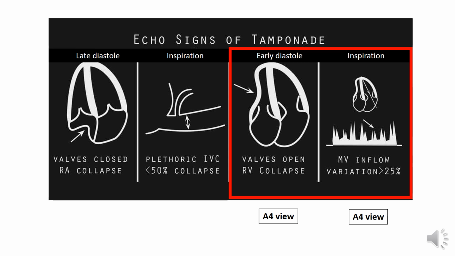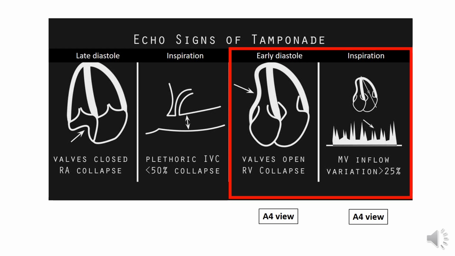If we get a variation with respiration of flow caused by the exaggerated ventricular interdependence that we discussed, with a cutoff point of variation more than 25%, this is one of the signs of tamponade.